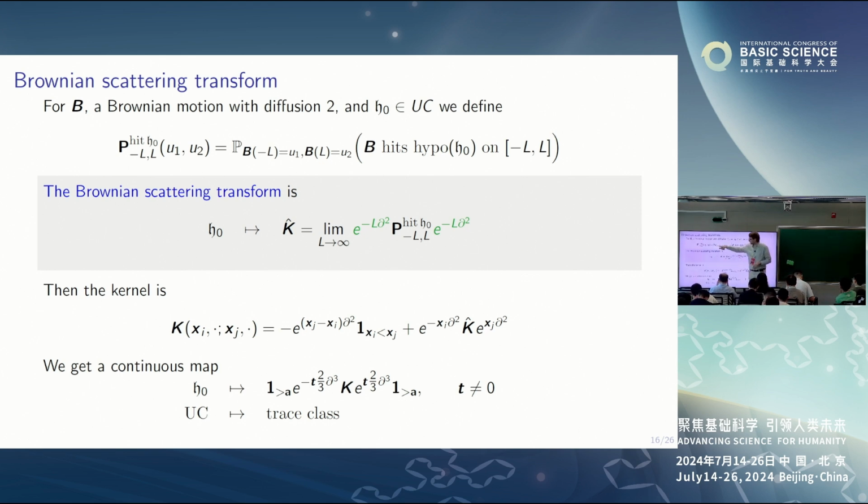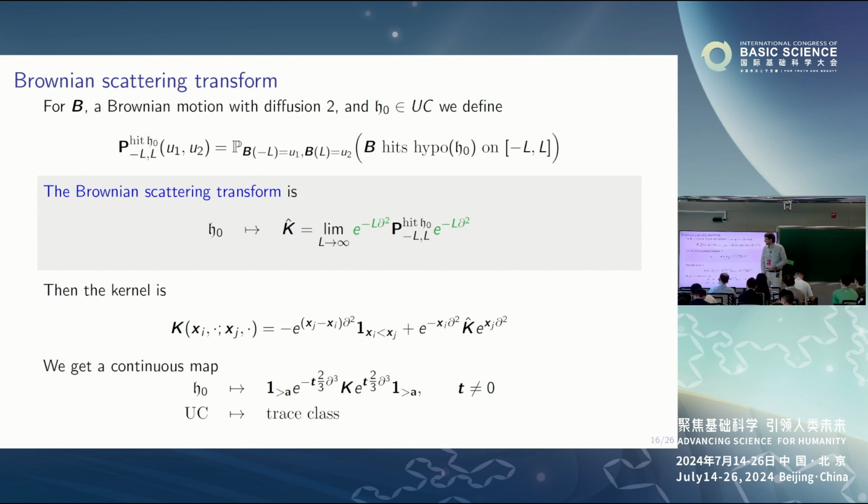We look at the Brownian bridge on the time interval from minus L to L, with boundary values U1 and U2. And we look at the probability that this Brownian bridge hits the hypograph of H naught on the time interval from minus L to L. In other words, we have the Brownian bridge, which goes from one point to another point, and on its way, it goes below the fixed curve H naught. So we get a kernel which depends on two arguments, U1, U2.